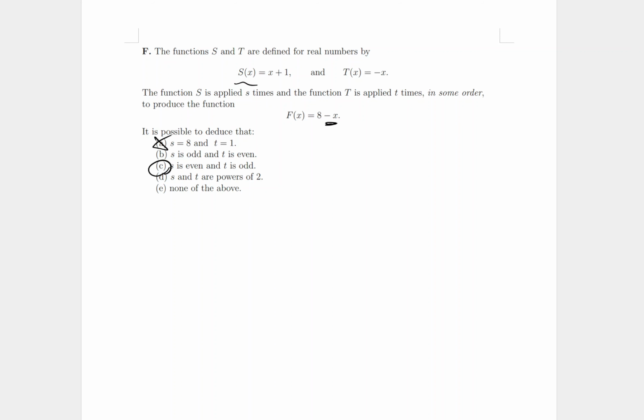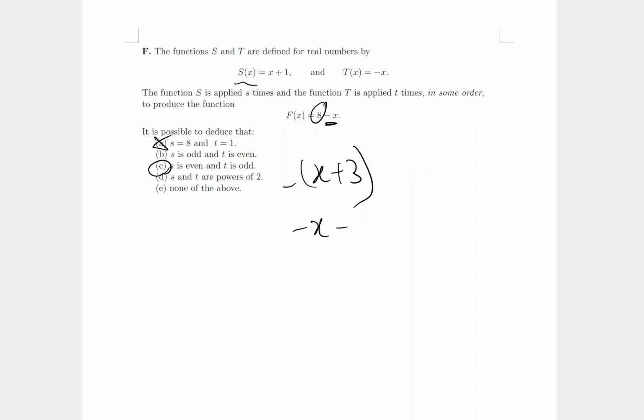But for the sake of completeness, let's try to prove that s has to be even. We want 8, so s could well be 8, and then s is even, fine. But there are some situations where, let's say I now have x plus 3. Let's say I apply s 3 times, and then suddenly I apply t.